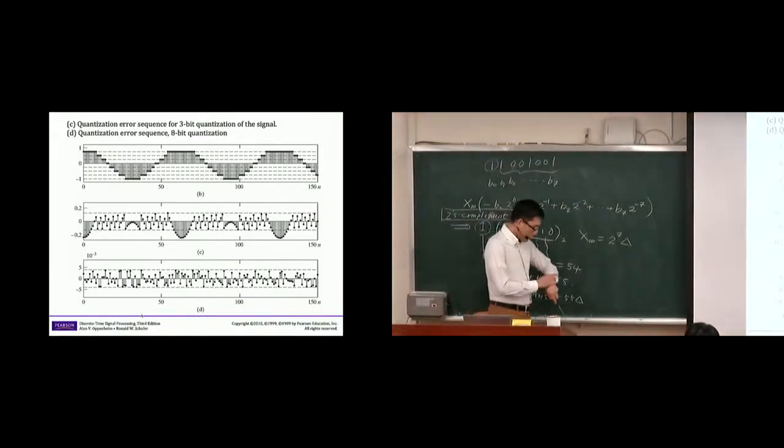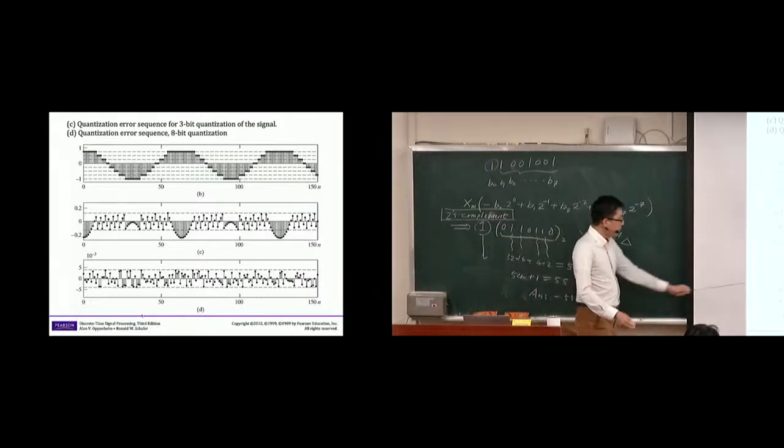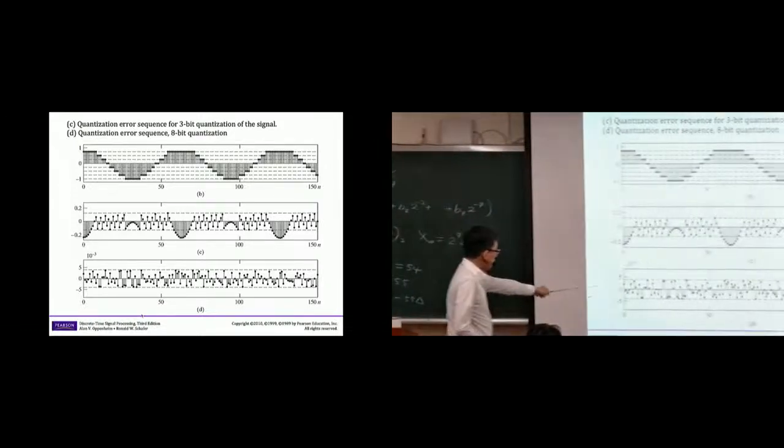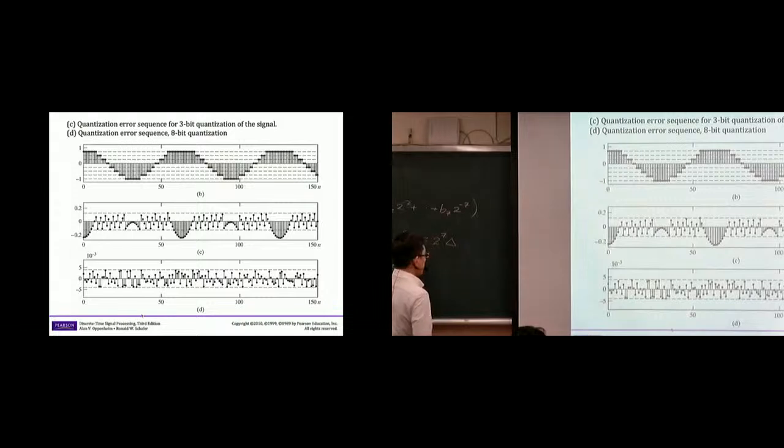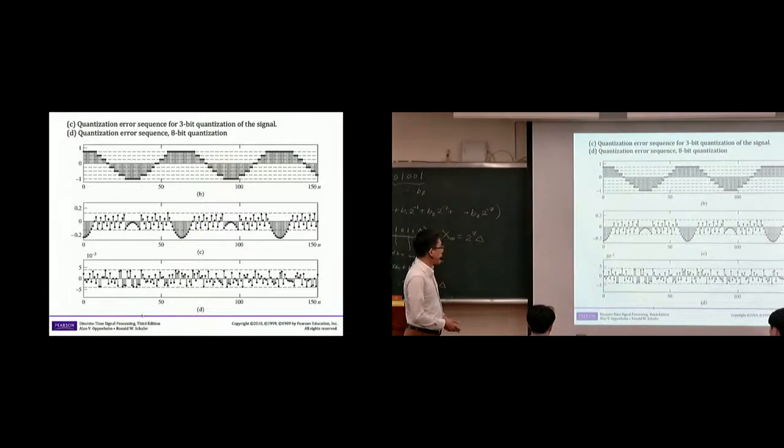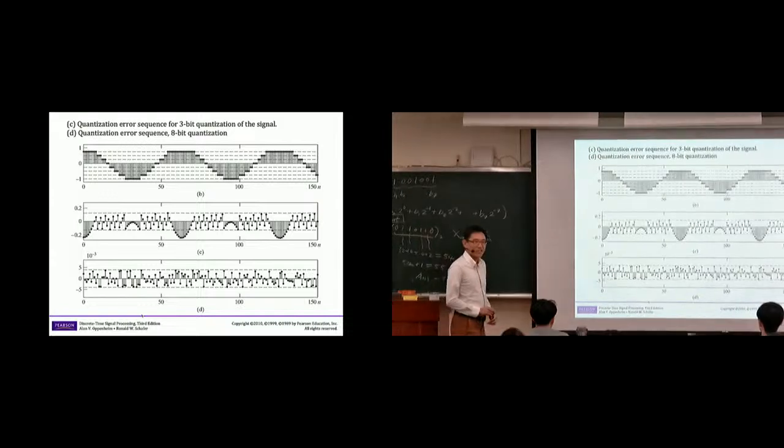Next week, when we come back, we will finish this lecture. But let me give you a quick preview. Just look at this last plot right there. Does it look random? That's the question.